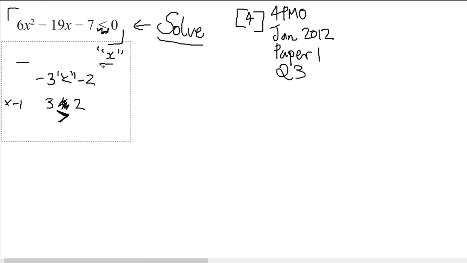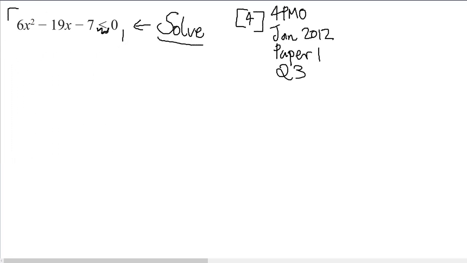This is a quadratic inequality, and it will require some sort of special technique to deal with. So how will we go about dealing with this? Well, what we usually do is attempt to get it in the form (x plus a)(x plus b) is less than or greater than 0.